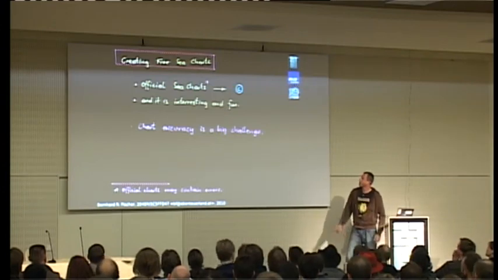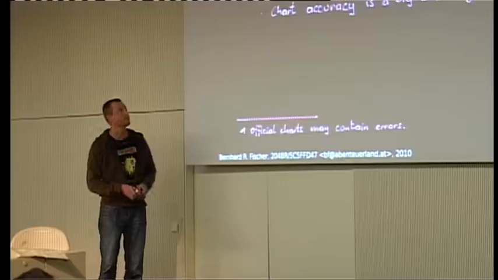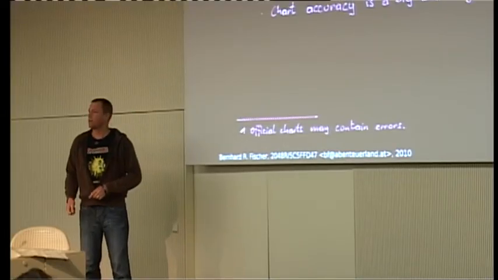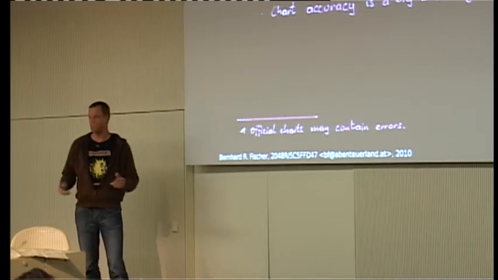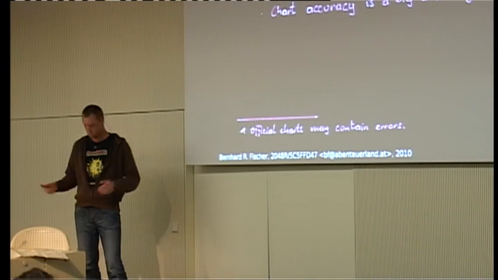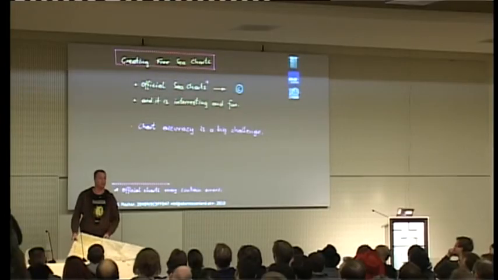Okay, let's go on and create a free sea chart. It's easy, just go out there with your GPS device and pick up objects and lights and everything like this. Okay, that's impossible because our planet is really big. People doing these charts have been doing this for hundreds of years, and they did not start yesterday.